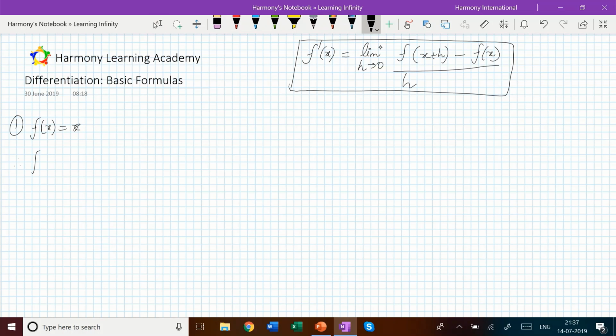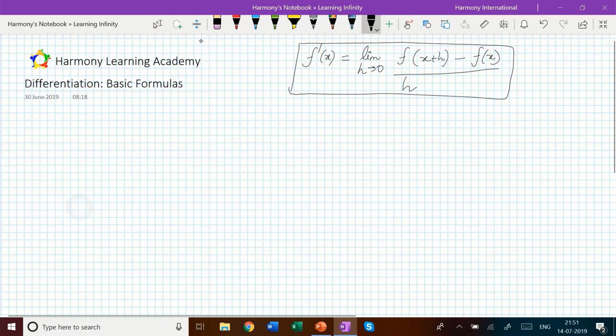Therefore f dash x equal to limit h tends to 0 x plus h minus x by h, which is equal to limit h tends to 0 h by h equal to 1.